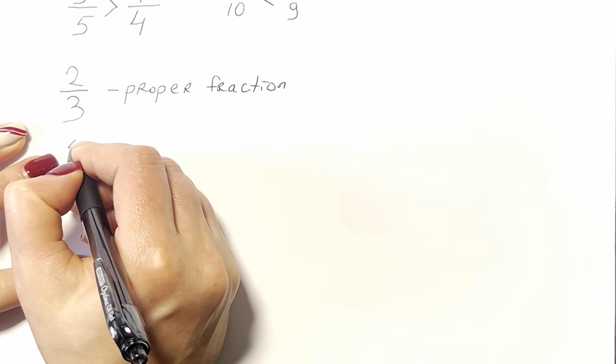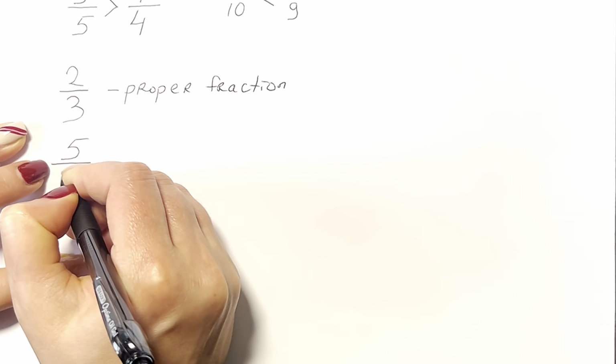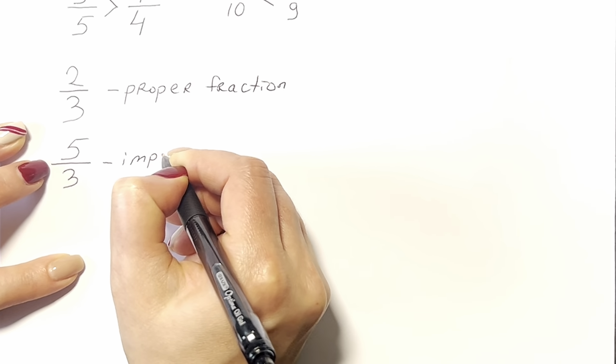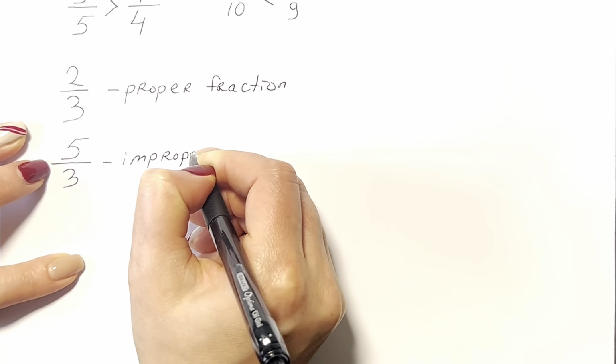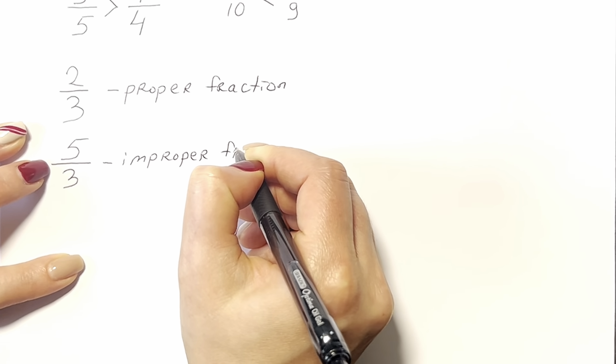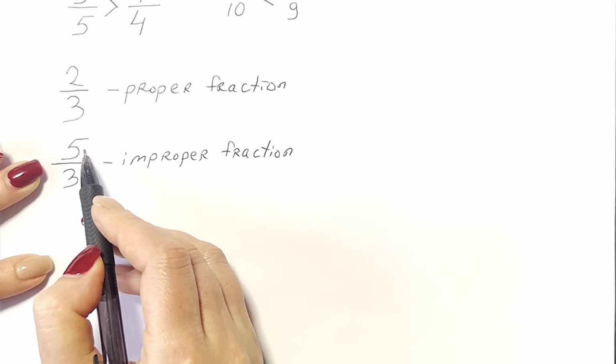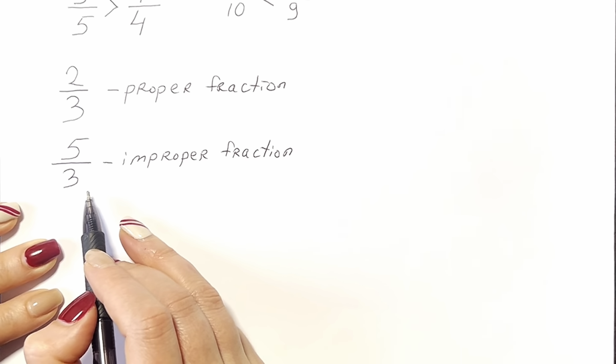The next one is an improper fraction, when the numerator is greater than the denominator.